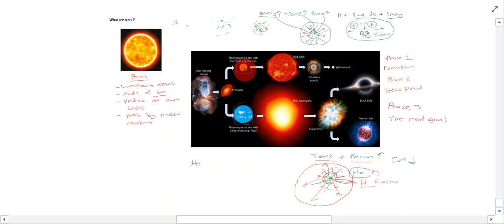So you can see here, you have the sun, for example, and when you get sufficient helium being produced, you get a core of helium, and hydrogen starts to get fused even more rapidly out around the edges. This causes the size of the star to expand and increase, like so.